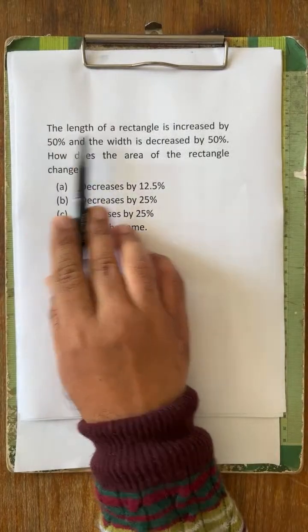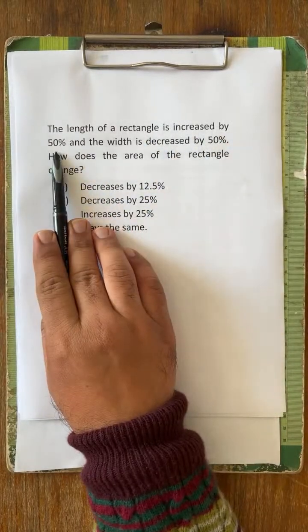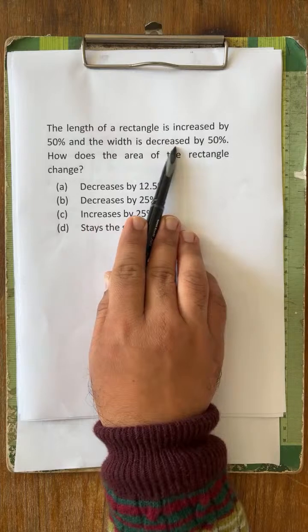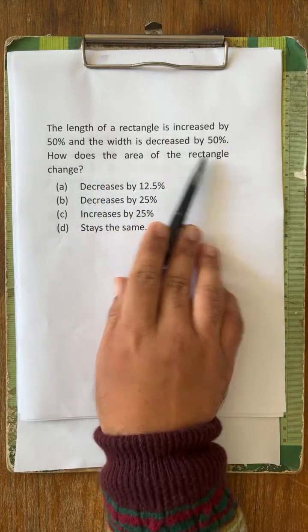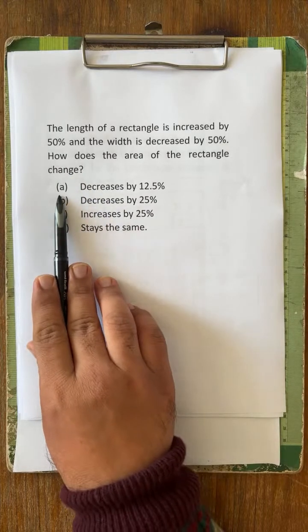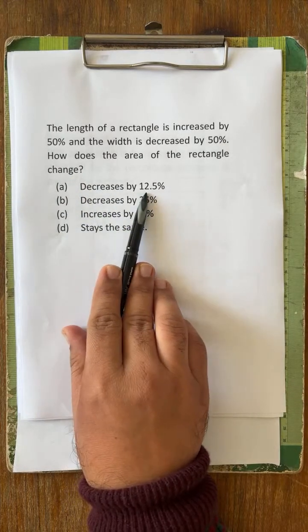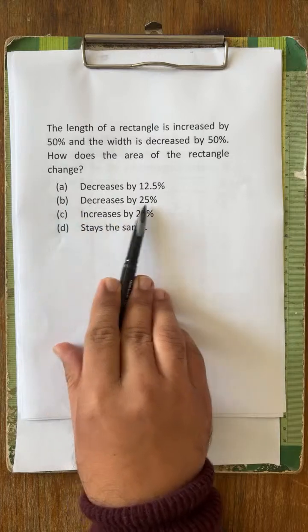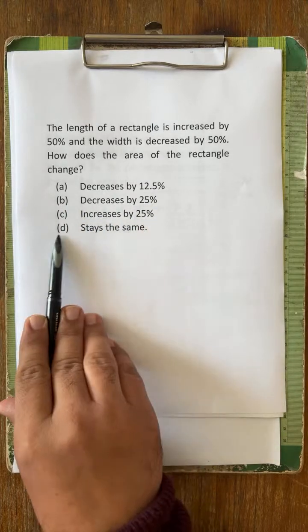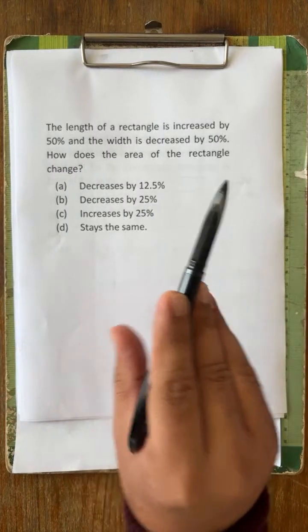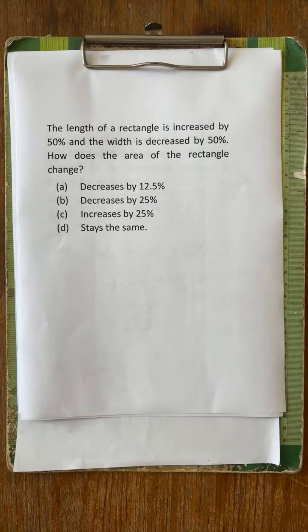If the length of rectangle is increased by 50% and width is decreased by 50%, how does the area of rectangle change? Option A, decreases by 12.5%, B, decreases by 25%, C, increases by 25%, or D, stays same. Take some time, solve it, and write your answer in the comment section.